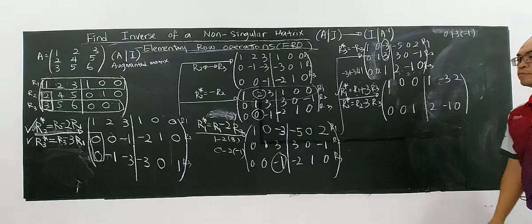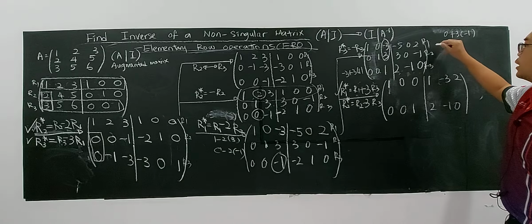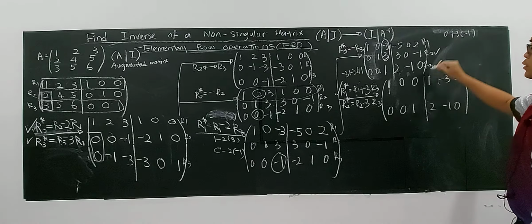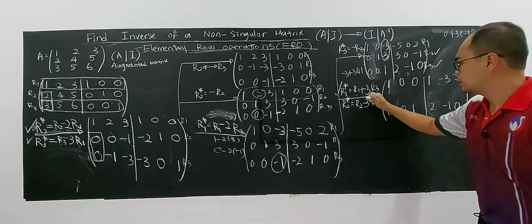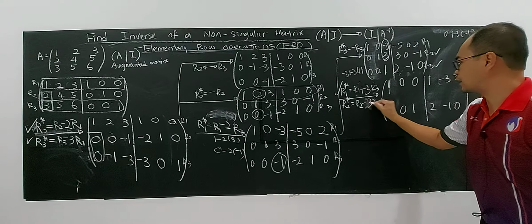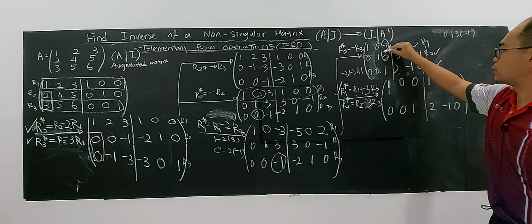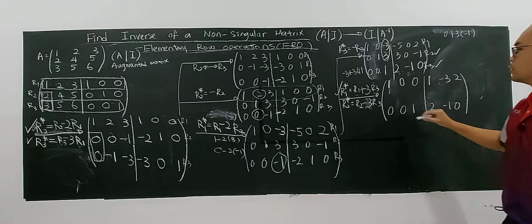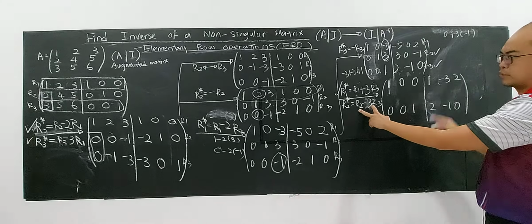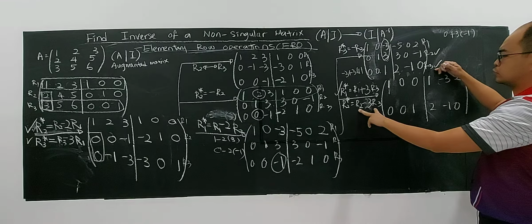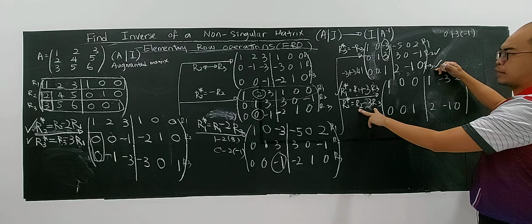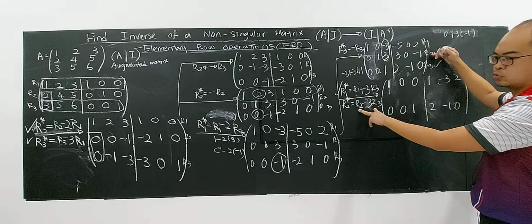Now modify the second row. It's between row 2 and row 3, and the formula is -3 times row 3. Be careful, row 2 and row 3.